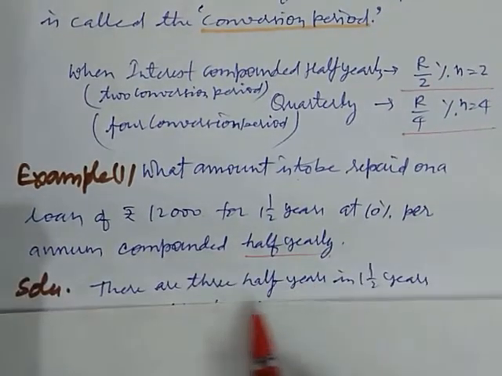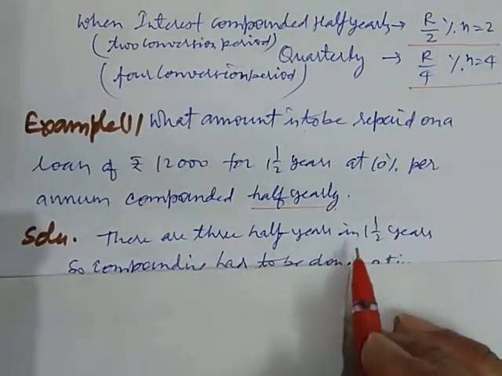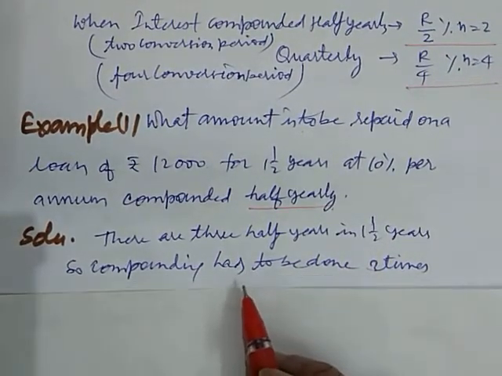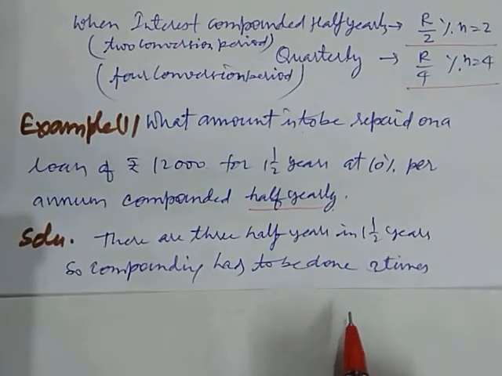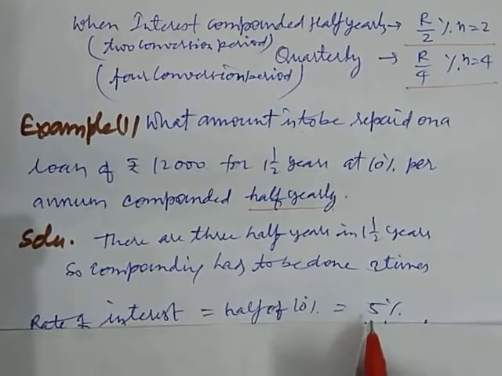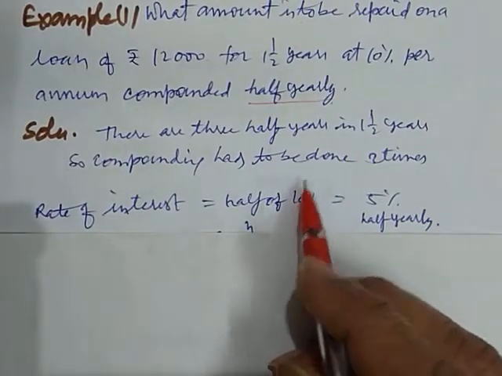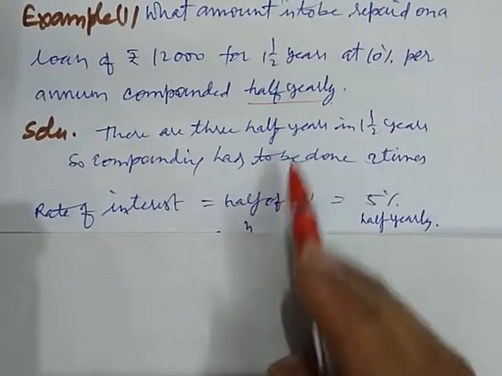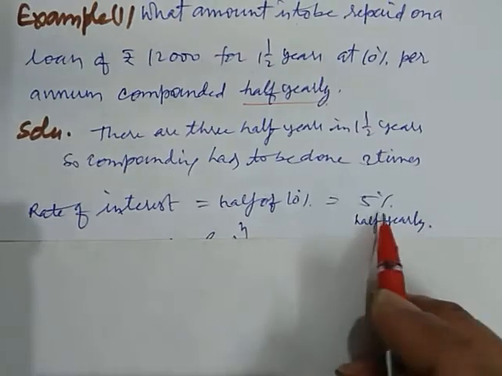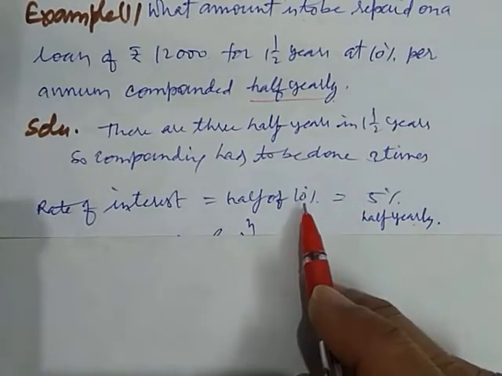There are 3 half years in 1.5 years, so compounding has to be done 3 times: 6 months, 6 months, and 6 months. The rate of interest is half of 10%, because we compound 2 times in a year. So half of 10% is 5% half yearly, and this is 10% yearly.